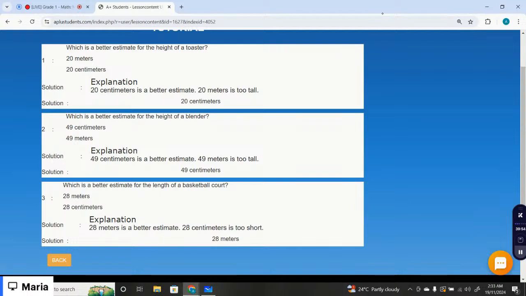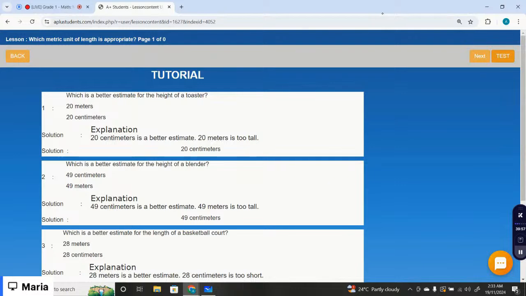The correct option is 49 centimeters. Let's just start with the test questions.